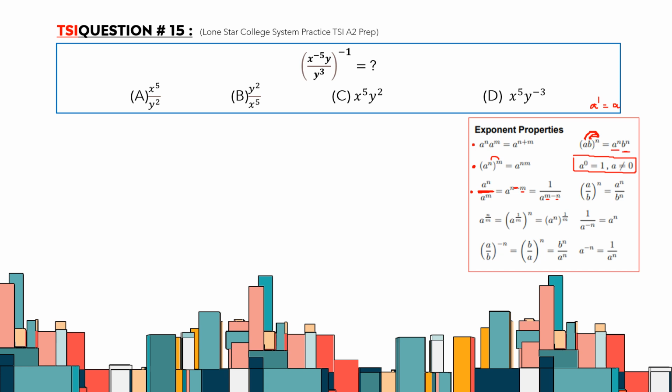That exponent will be distributed inside. Now we have 1 over a to negative n; when we do the reciprocal, it becomes positive. And similar to the rest.